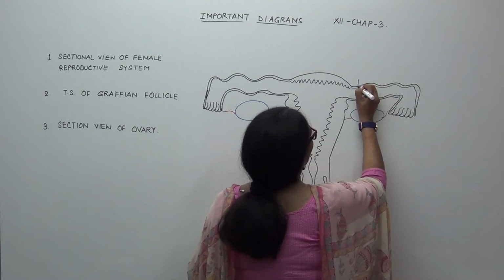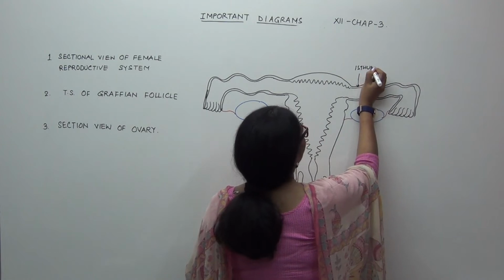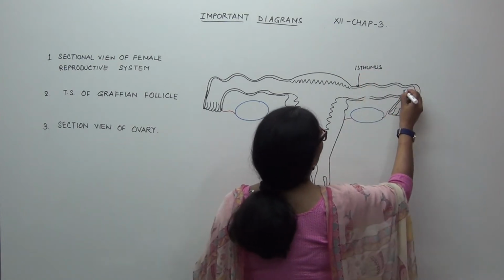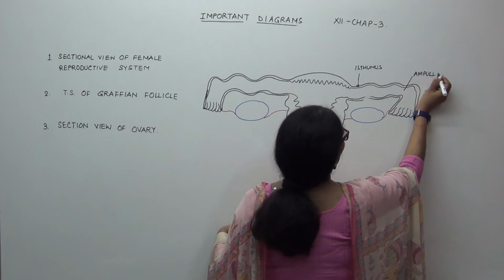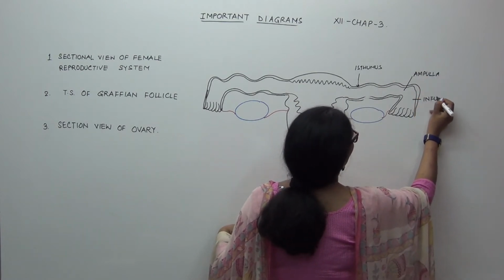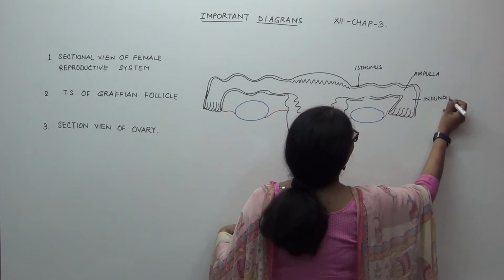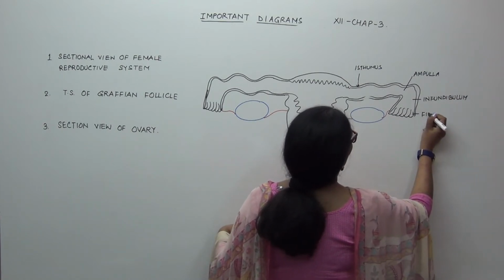Of the fallopian tube, you know that this part is called as isthmus. Isthmus. The part where fertilization takes place, that's called as ampulla. The broadened part is called as infundibulum. Infundibulum. And the end fimbriated part, this is called as fimbriae.